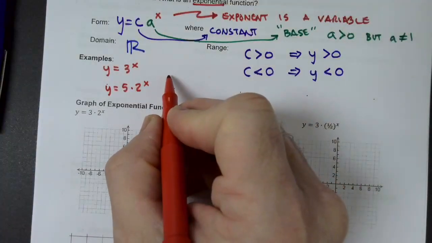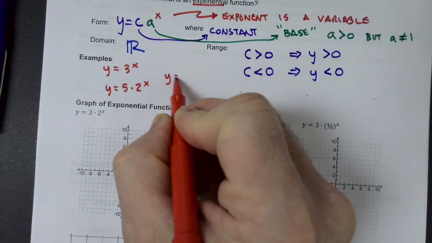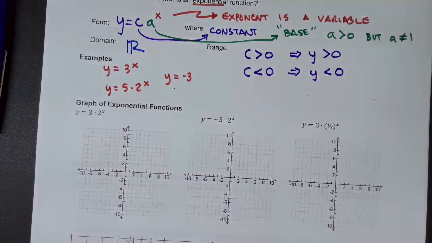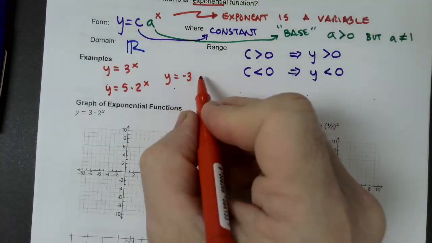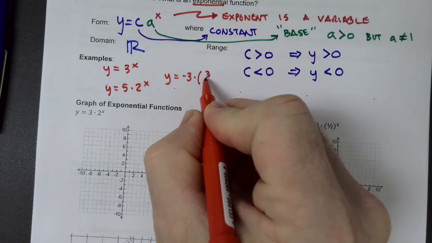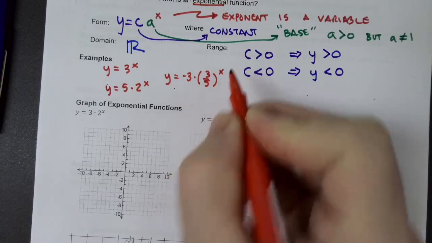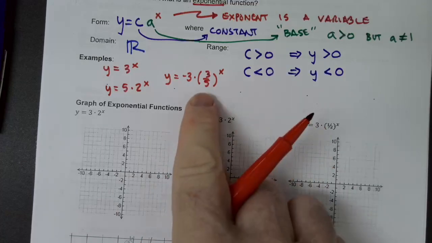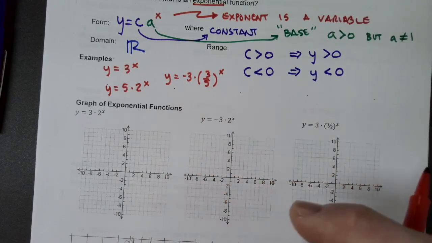Or it could get a little bit funky, and we could have a negative number out in front, and we could even have a fraction as the base, and a fraction that's less than 1. We could have a fraction that's greater than 1.